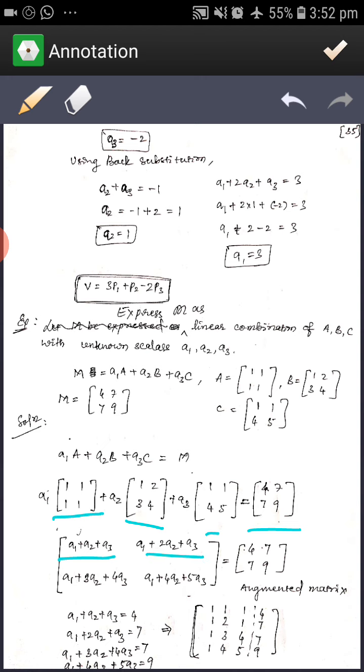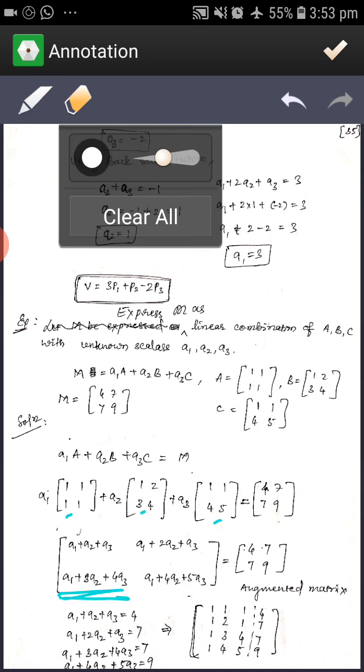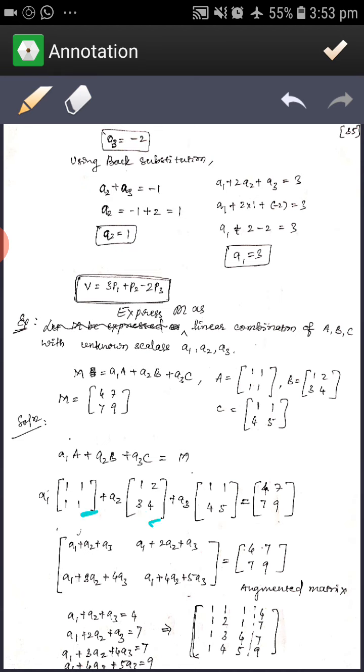So convert into equations like this: you take the first term, a1, a2, a3, with coefficients 1 from the first term. Then the next term is 2 and 1, so 1, 2, 1. The third one is 1, 3, 4, and the fourth one is 1, 4 and 5.